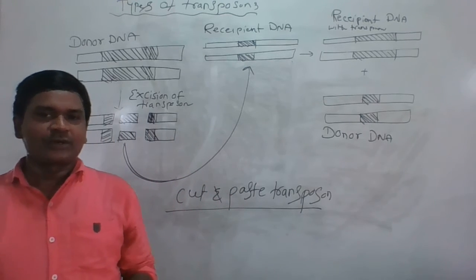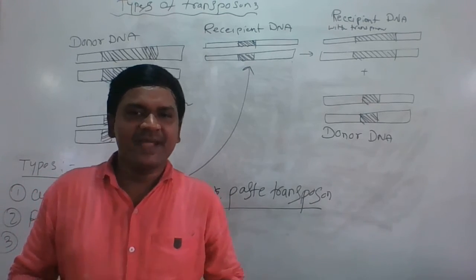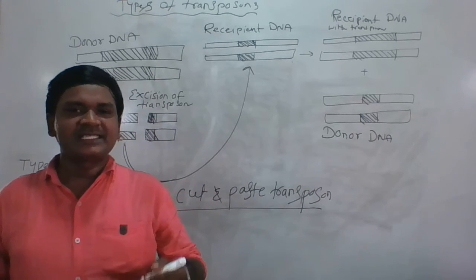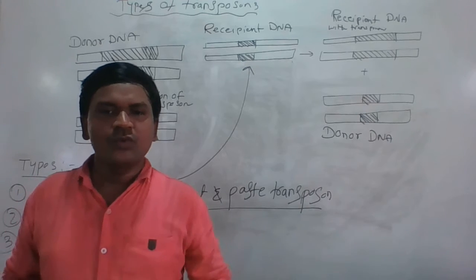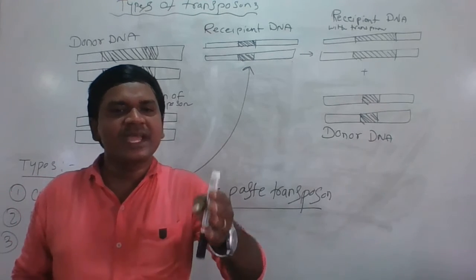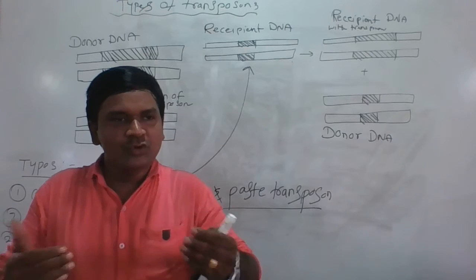A transposon can be defined as a DNA sequence that is able to move or insert itself at a new location in the same chromosome.